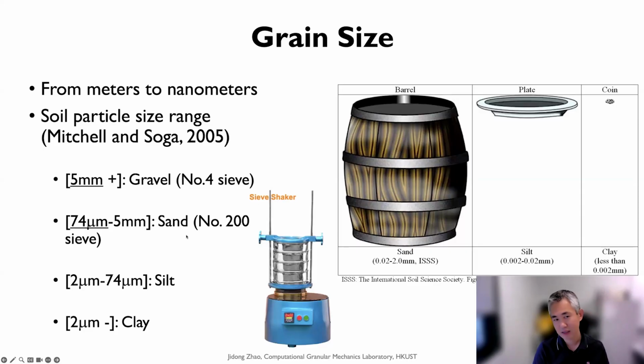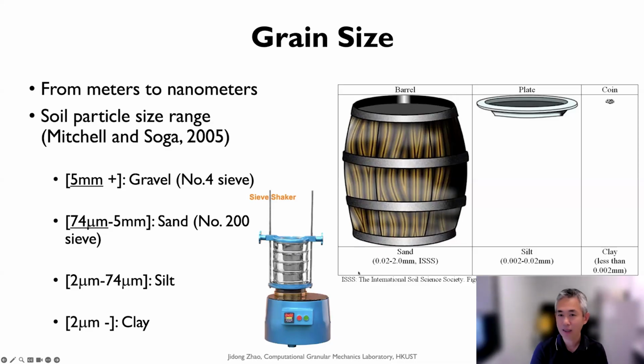From that kind of test, we can give terminology: if the size is greater than 5 millimeters, we call it gravel; if it is between 75 microns and 5 millimeters, we call it sand; between 2 microns and 75 microns, we call it silt; and below that, we call it clay. These are according to the soil mechanics classification.